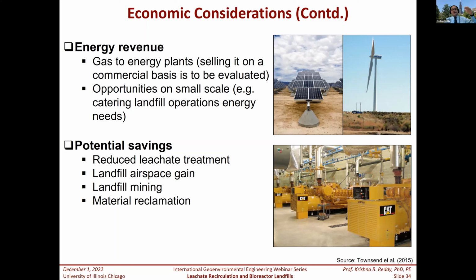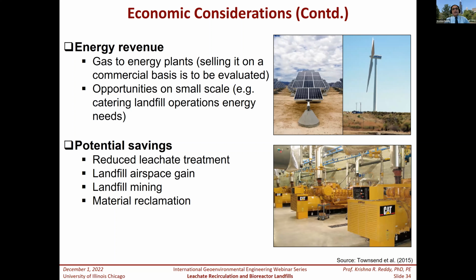As you are doing the leachate recirculation operations along with the waste placement itself, the waste is going to settle, so you can put in more waste. More waste means more money. And then at the end, you can do landfill mining, reuse the materials, and then use the site again for more waste.